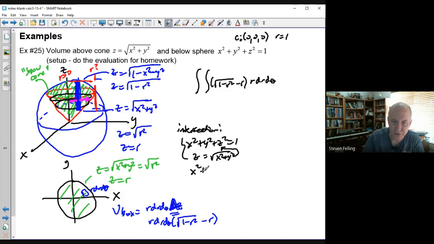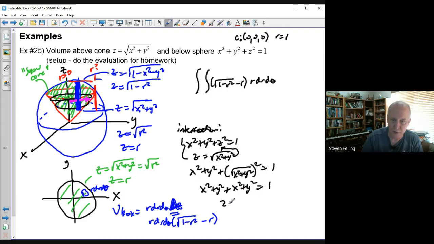If I have x squared plus y squared plus z squared, where z is the square root of x squared plus y squared, that gives me x squared plus y squared plus, those things cancel, another x squared plus y squared equals 1, which is 2 times x squared plus y squared equals 1.